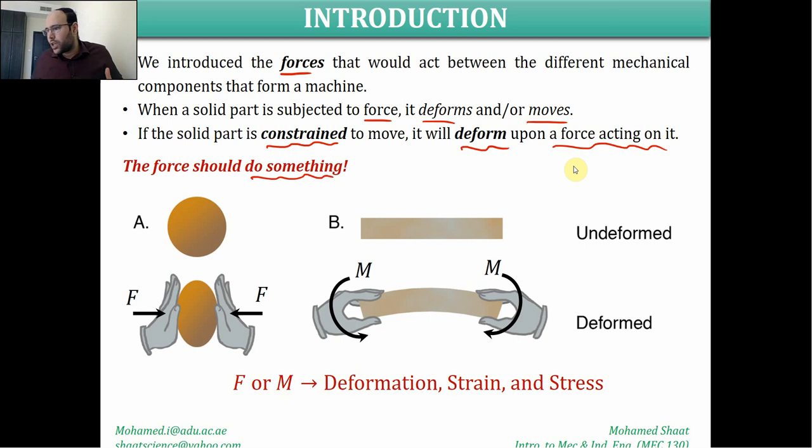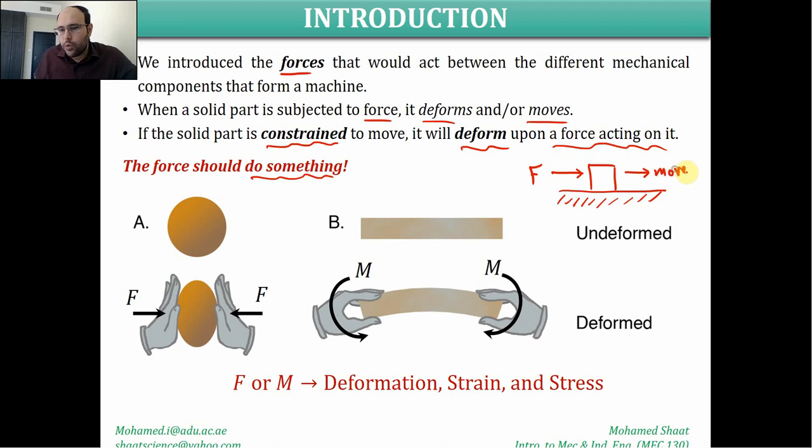So what is deformation? What is motion? To explain it, let us consider that you have a box sitting on the ground, and nothing prevents this box from movement. If you apply a force, like a push, over this box, definitely it will move.